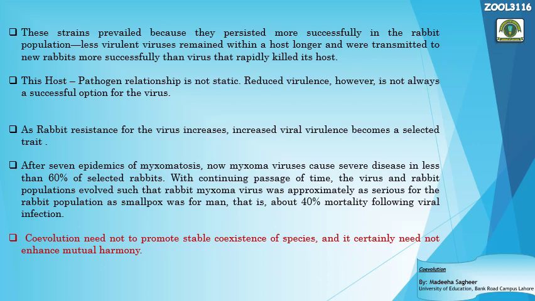Every species wants to become stronger than its ecologically interacting species. So coevolution need not promote stable coexistence of the species. It certainly need not enhance mutual harmony. It is not a necessary case in coevolution. It is not a must to have mutual harmony, mutual understanding, or a beneficial relationship between the two species. It could have, but it's not a must, right? Especially in the case of host and parasite coevolution.